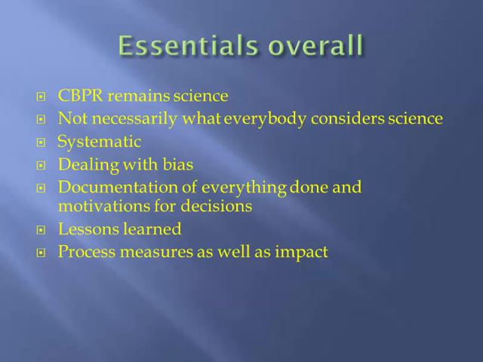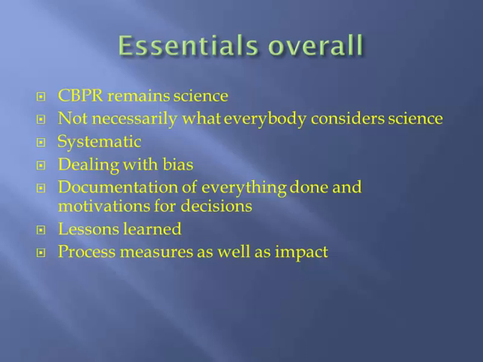The essential point overall is that CBPR must remain science. It must remain rigorous research, even if it's not what everybody considers science. There are a lot of people out there who would not consider what we do as science, who would not consider a SWOT analysis as having any real research value, or community mapping as having validity.